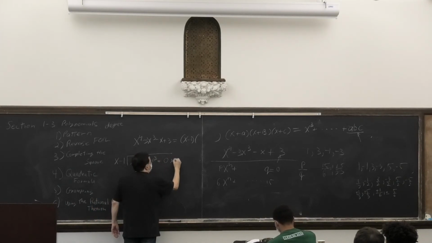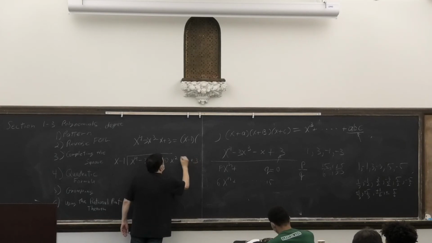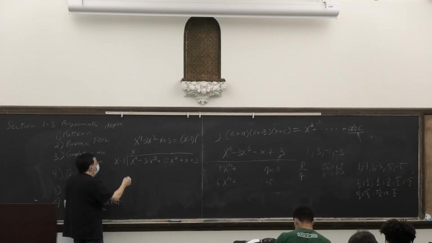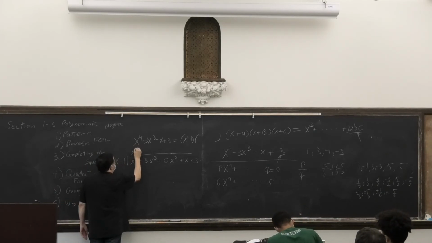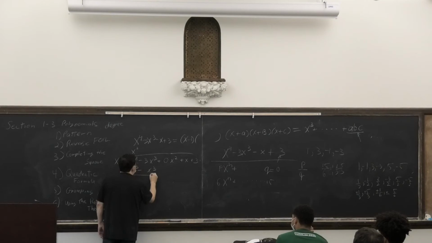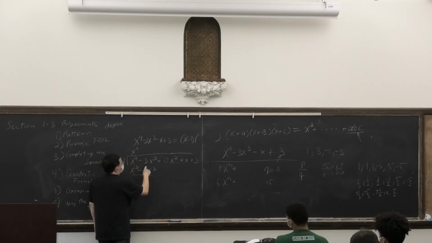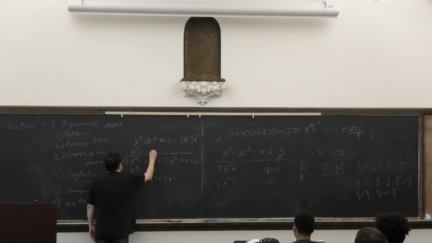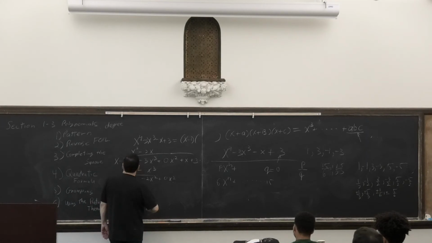I'm going to leave room for x squared, because that's really helpful. So, okay, just like long division with numbers, x goes into x to the 4th, x cubed times. -3 minus -2. Bring this down. -2x squared... no, this is cubed.